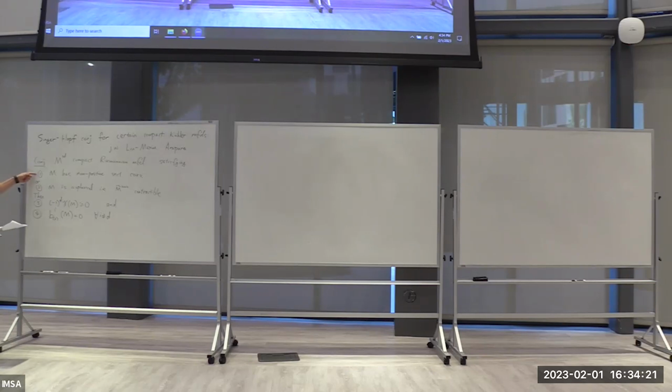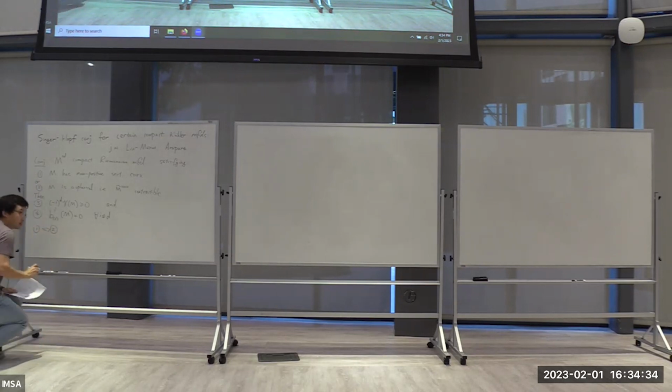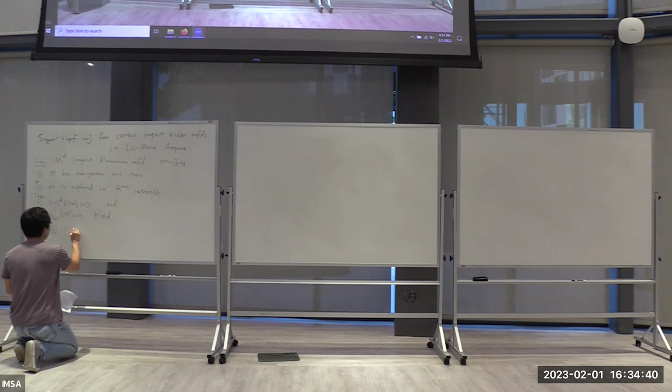Okay, so the assumption is 1 or 2 and the conclusion is 3 and 4. But you probably notice that 1 implies 2 by the Cartan-Hadamard theorem. And also by Atiyah's index theorem, 4 implies 3.